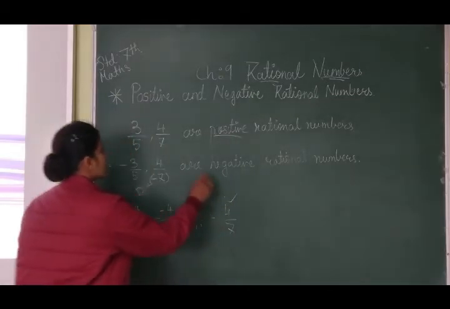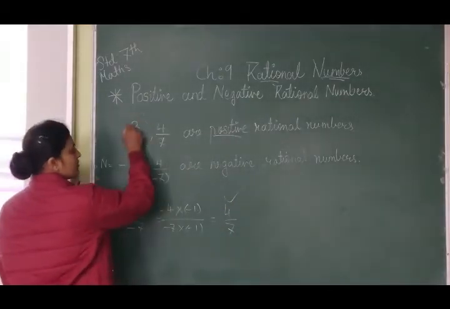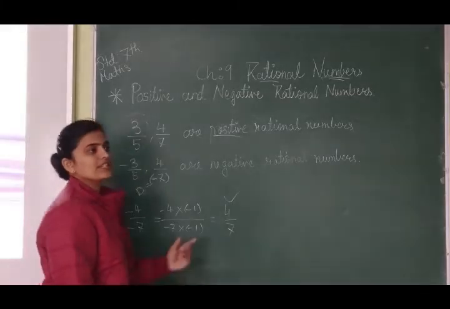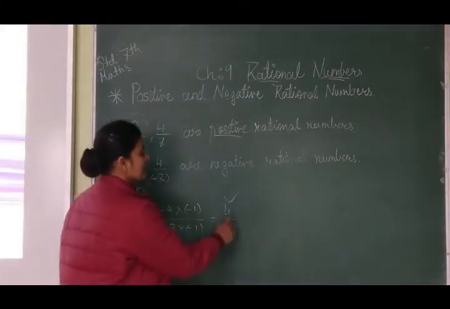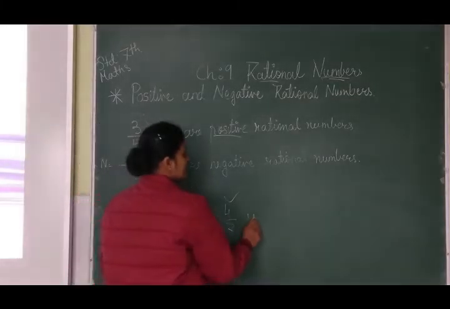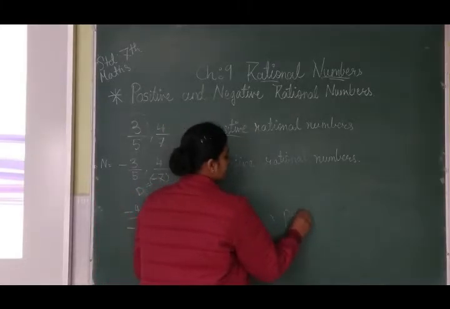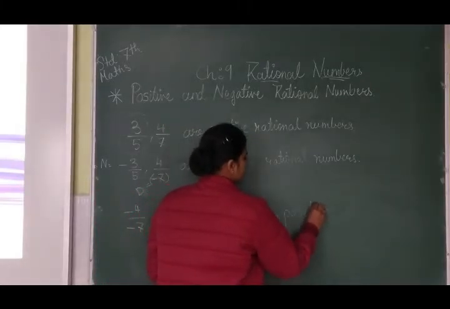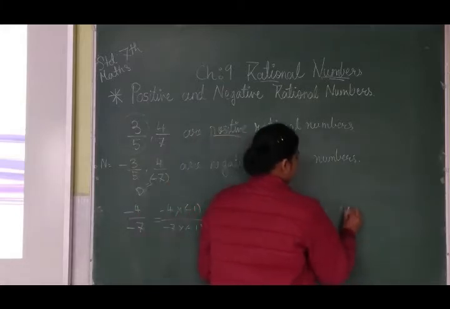So what is 4 by 7? 4 by 7, here you can see numerator and denominator are positive, then it is a positive rational number. That means 4 by 7 is a positive rational number.